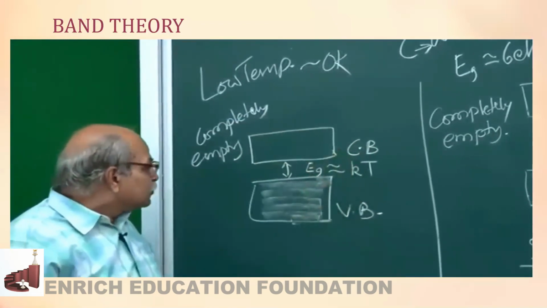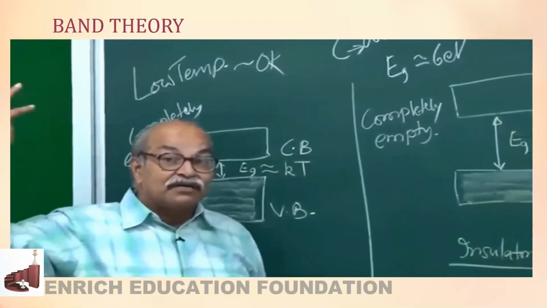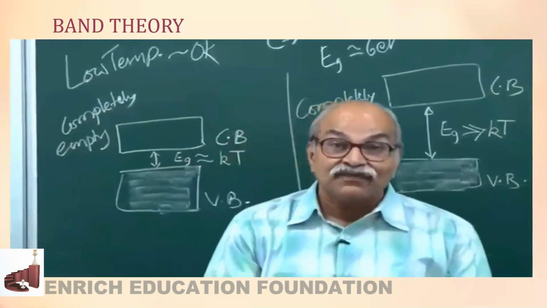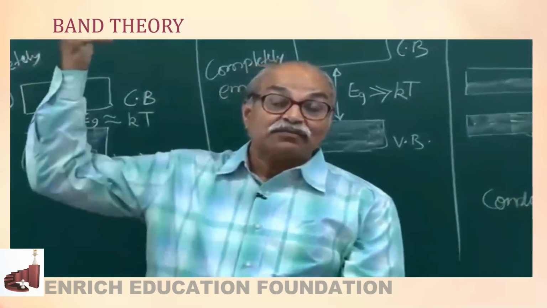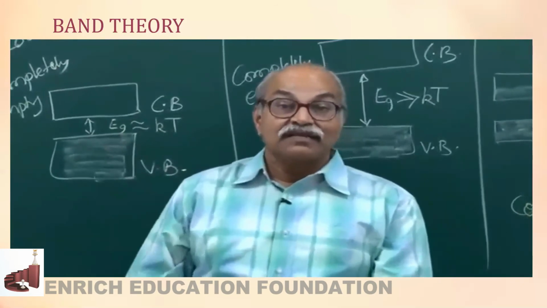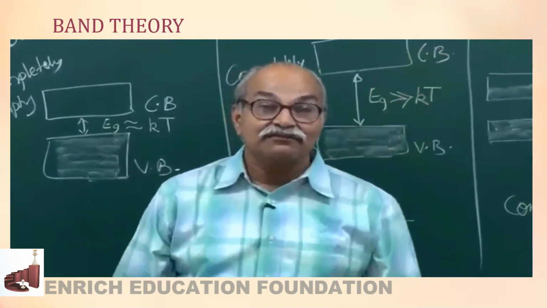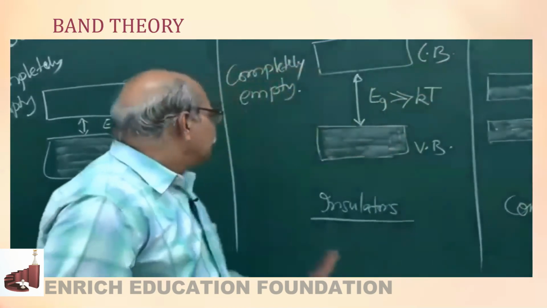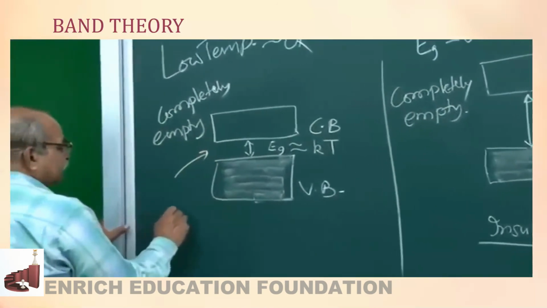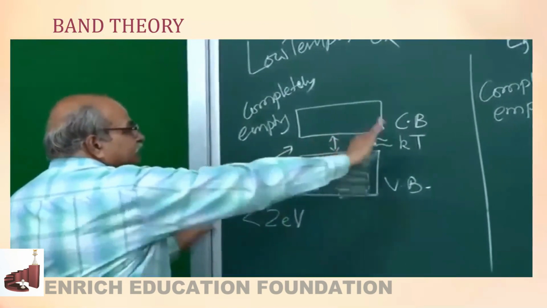Because the number of particles is very large, 10 to the power 23 particles, even if the probability is as low as 1 in 10 to the power 10, there are still 10 to the power 23 particles. You will have a significant number of interactions in which the energy exchange will be 10 times KT, or 20 times KT, or 40 times KT, and so on. So anything, let us say, less than 2 eV or 3 eV is under this category.